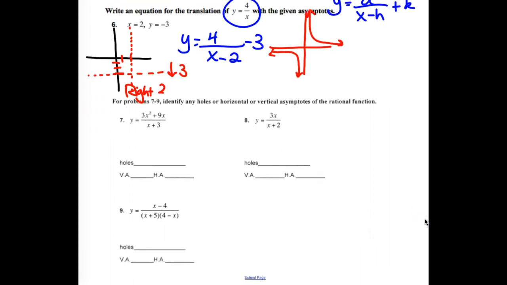So it's asking me to identify in these next couple any holes, horizontal or vertical asymptotes. In order to do this, we want to have things factored. So take a minute, anything that's not factored in 7, 8, or 9, go ahead and do that. All right, did you pull a 3x out?